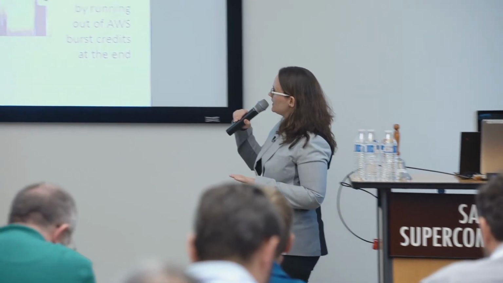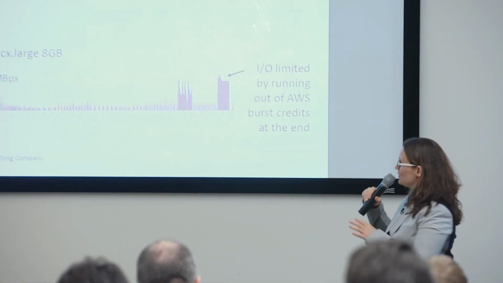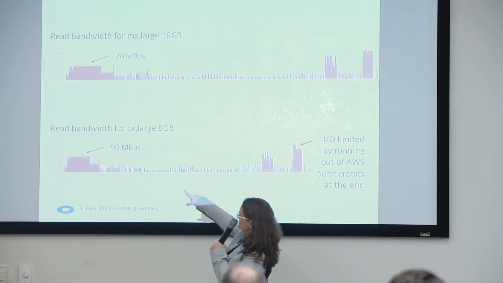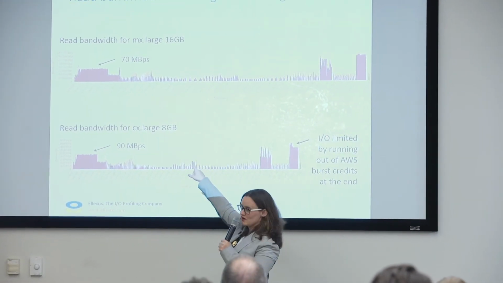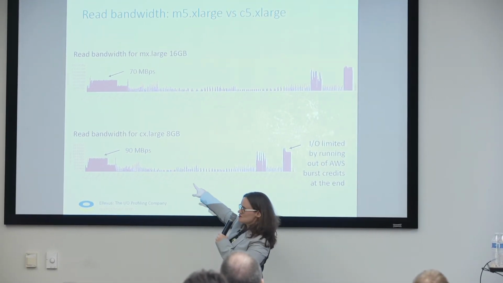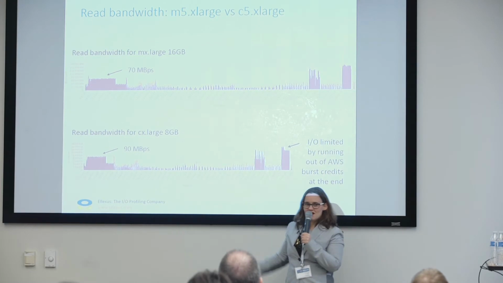And we can verify that by, again, looking at the I/O patterns. So interestingly, on the same storage, we actually got much better bandwidth with the small I/O on the CPU intensive image.